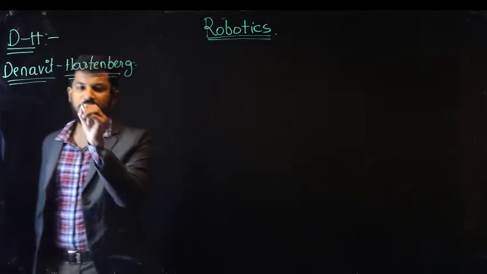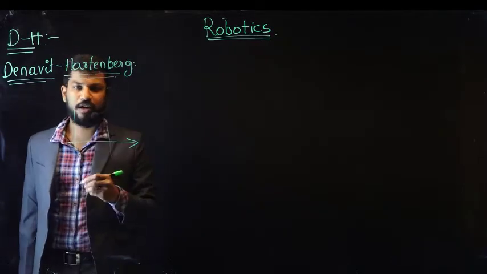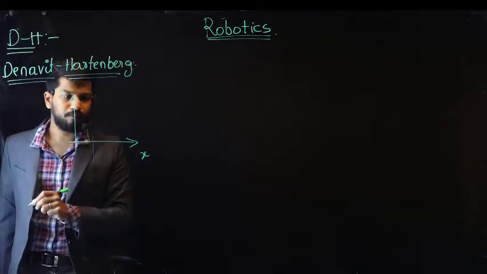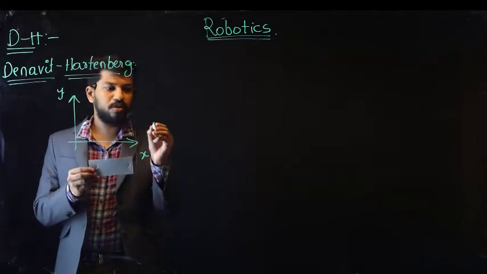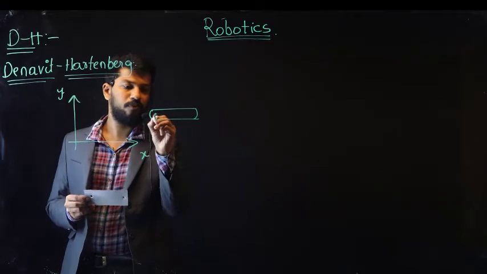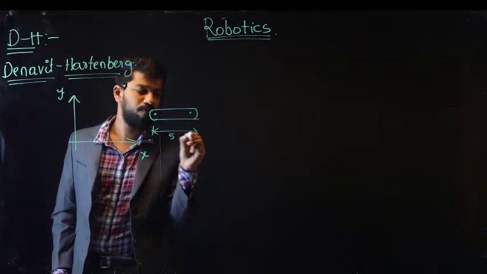So consider any kind of coordinate system. Let this be a Cartesian coordinate system, x, y. Now here I have a link. Suppose I place a link somewhere here, and let this link length be around 5 units.